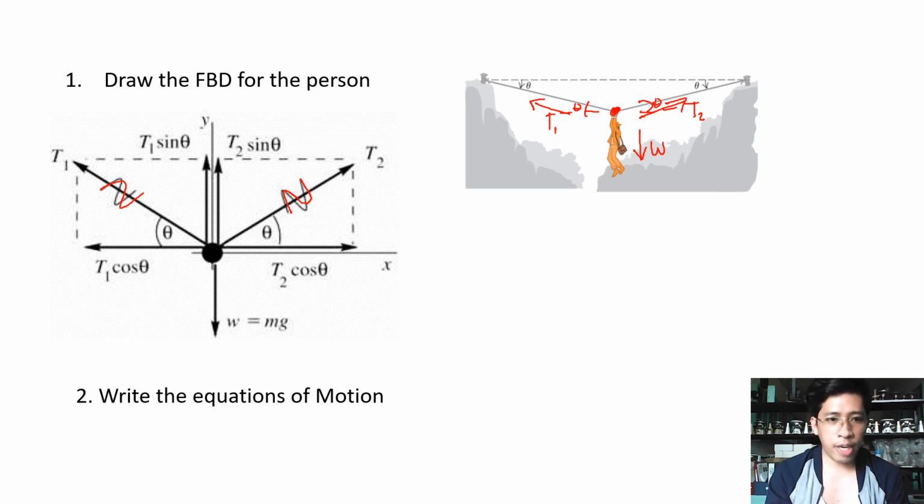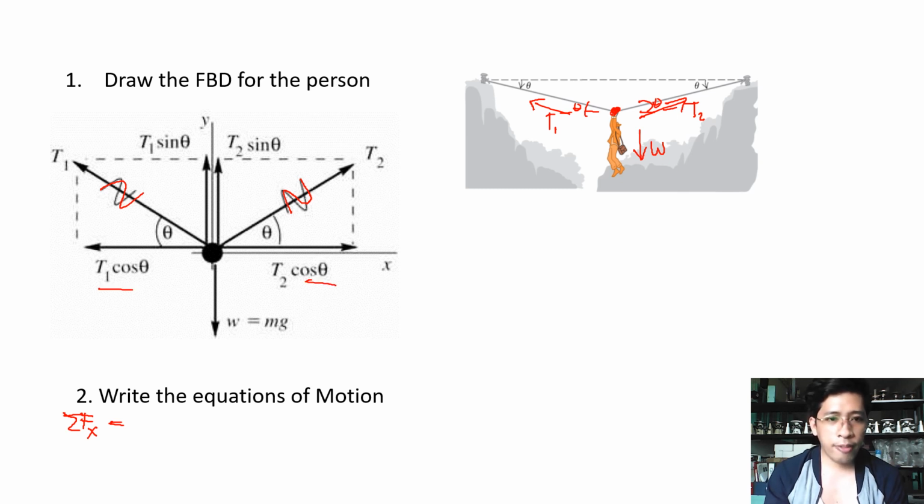So we write first your equation along the x, or your force sum along the x. So we have two forces along the x, this one and then this one.